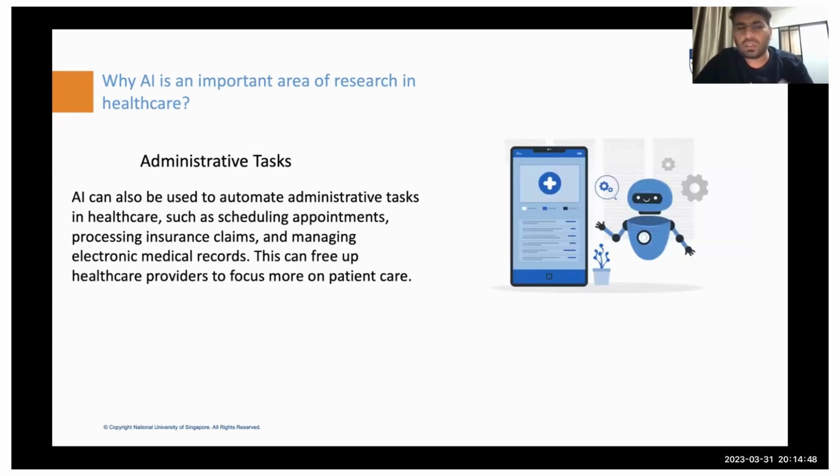Another area is simplifying the user's task or the whole treatment process. Let's say there's a simple application that we use in Singapore in day-to-day life: the government provides a mobile health application.